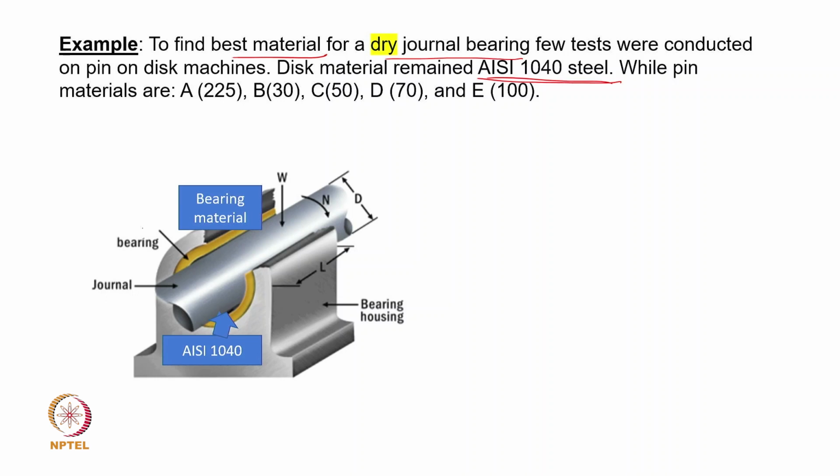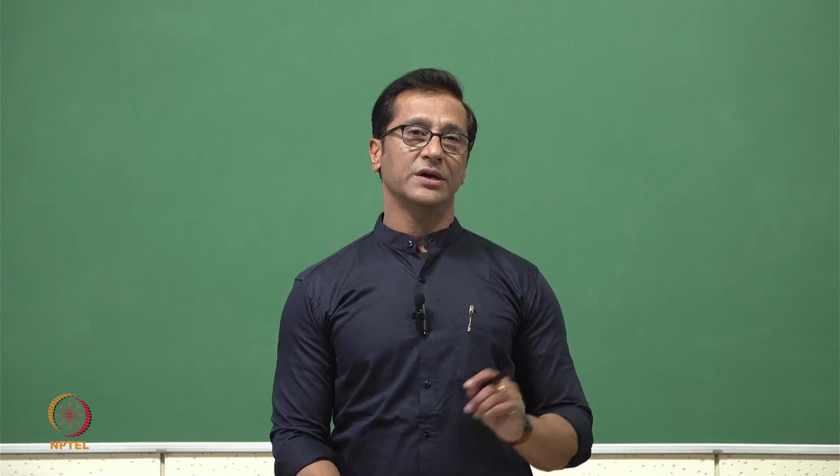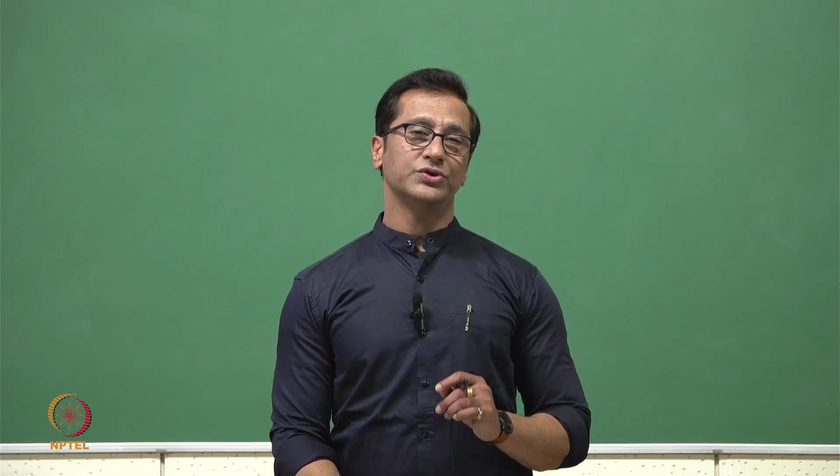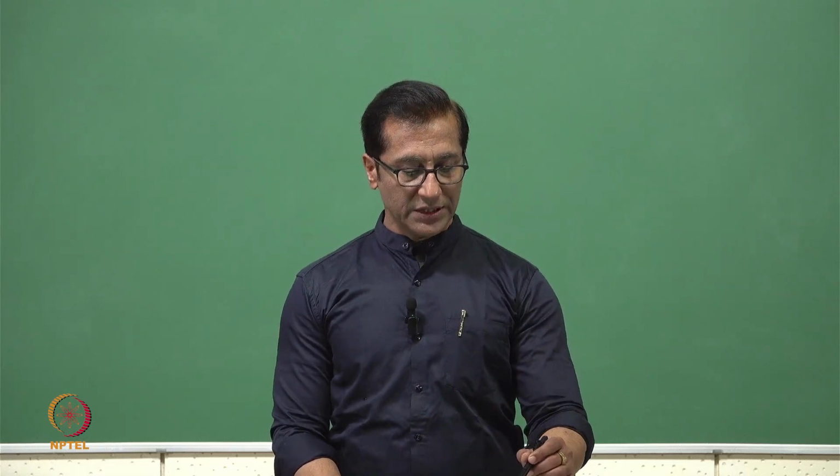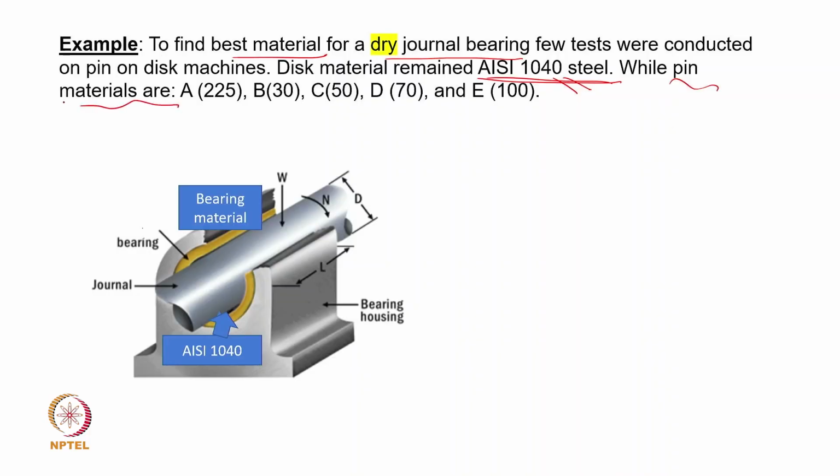So what we do in this situation: steel is a hard and costly material, so we make a disc of AISI 1040 steel, while the pin material will be made of the bearing material. Like we have bearing materials A, B, C, D, E. So we have 5 materials, and we want to test those materials against the steel shaft, which is AISI 1040 material.